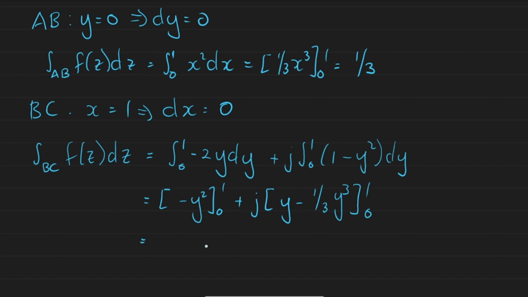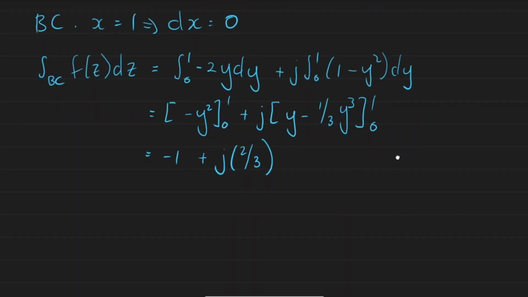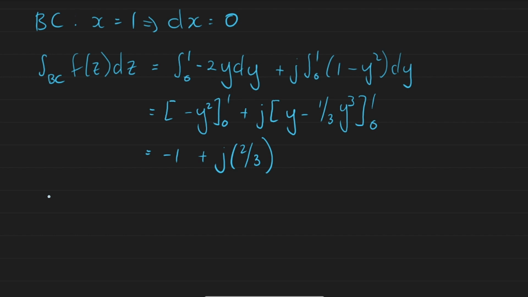If we substitute in 0 and 1, we get minus 1 plus j times 1 minus 1 over 3. So 1 minus 1 over 3 is just 2 over 3. So that's what the integral of BC is equal to. And then lastly, we need to do the third part, that's from C to A.